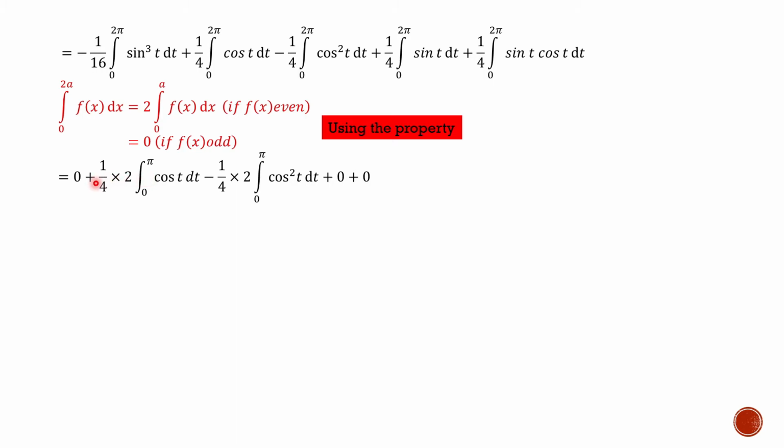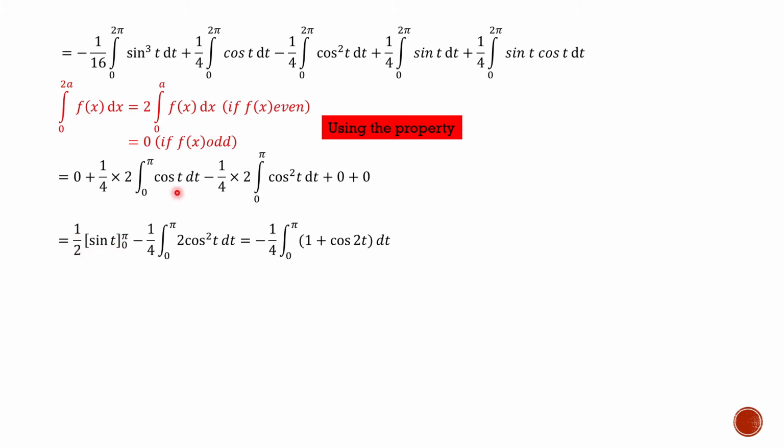So we have 1/4 times 2 integral from 0 to π of cos t dt, minus 1/4 times 2 integral from 0 to π of cos squared t dt, plus 0 because this is an odd function, plus 0. Then this equals 1/2.